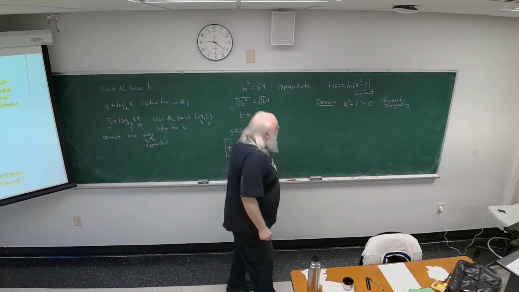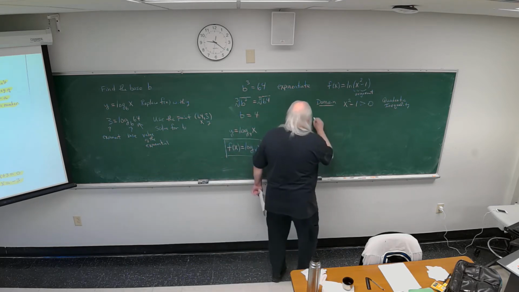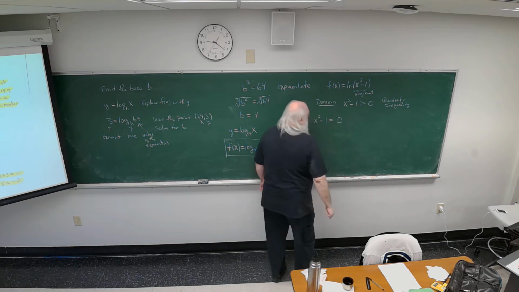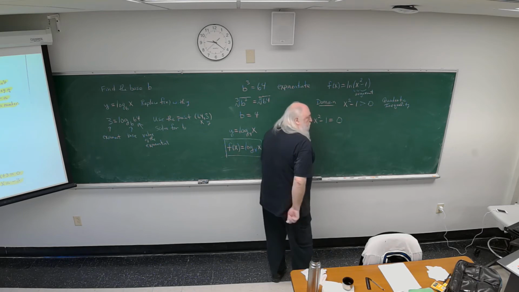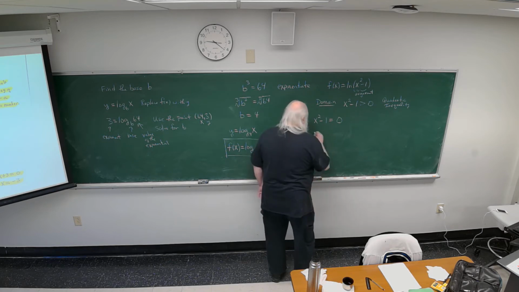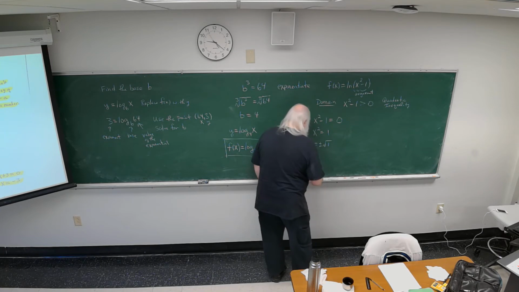So, first step, make sure you've got 0 on the right-hand side, which we do. Then set the left-hand side equal to 0, and find the zeros of the quadratic. So we have x squared is equal to 1. So we have x is equal to plus or minus the square root of 1.